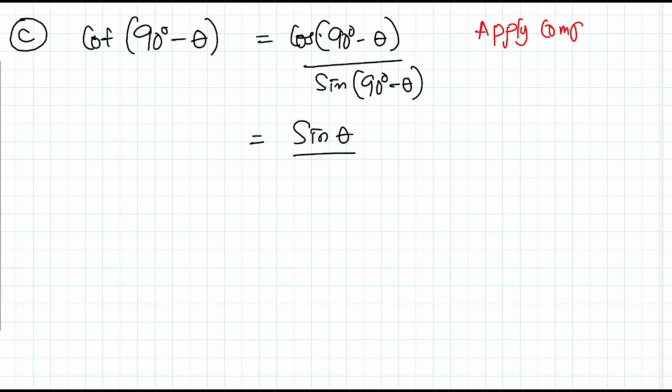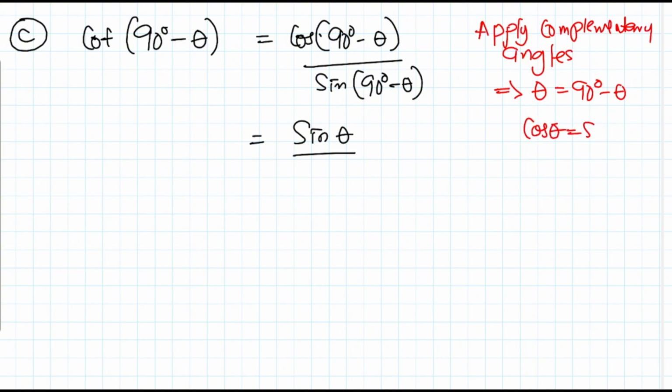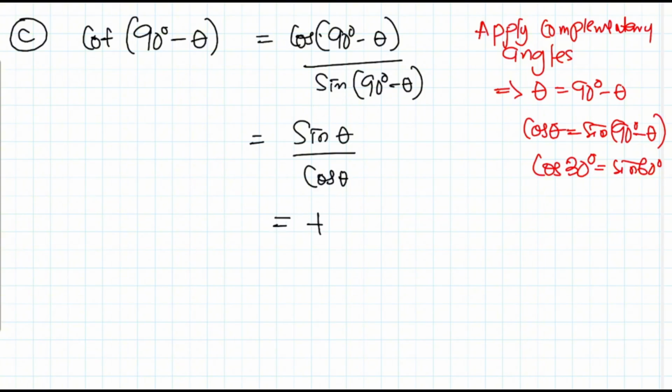Apply complementary angles. Likewise, sine of 90 minus theta equals cos theta. That's why we have cos 30 equals sine 60. It's called a co-function identity. And sine theta over cos theta equals tan theta.